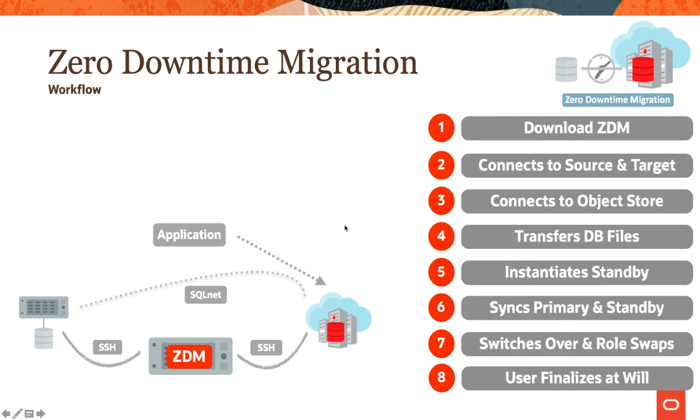Just to summarize the total workflow, it is an 8-step process. It starts with downloading the ZDM software, connecting to source as well as target, making a connectivity to object storage, transferring the database files, then instantiating a standby and synchronizing both the primary as well as standby environment, then doing the role reversal using the switchover capability of Data Guard, and then deciding if that's a good migration and whether they want to proceed on the new platform.